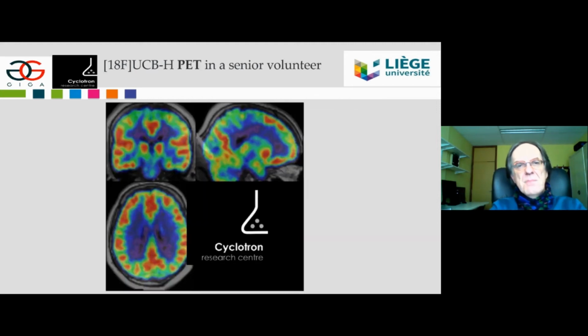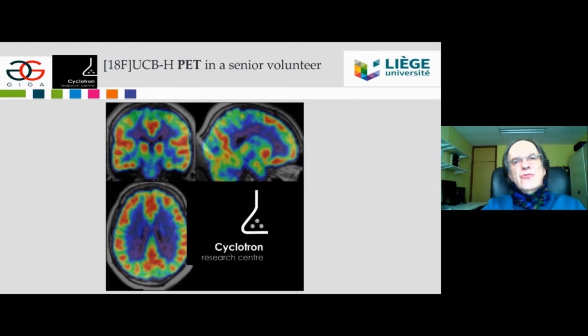And so, with all that, we had the opportunity to make a first picture of SV2A proteins, a kind of proxy of synaptic density in the brain.